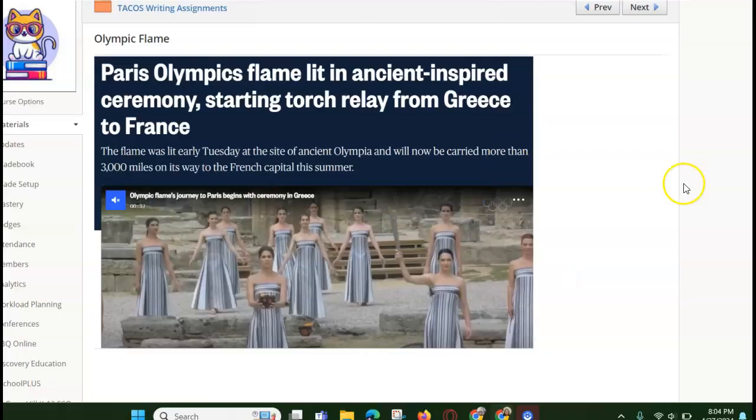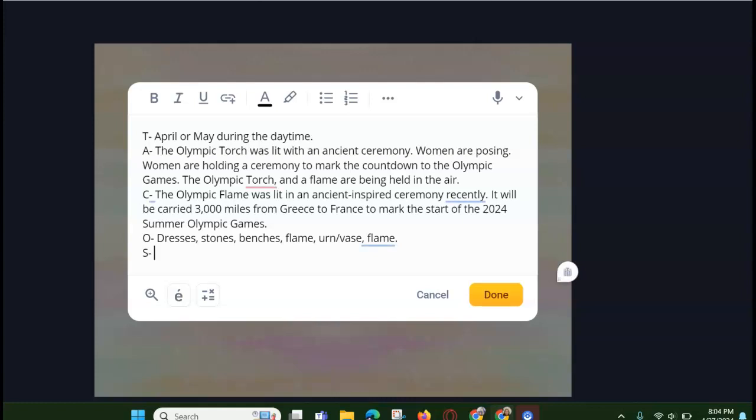Okay, and then S, the summary. What kind of summary, 5 to 6 sentences, can we give about this picture? So studying it, we can say something like, the Olympics are held every 4 years.